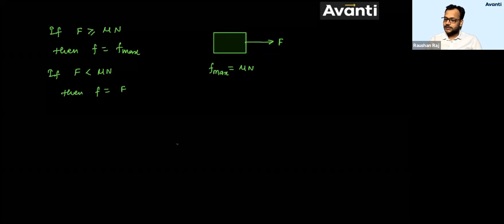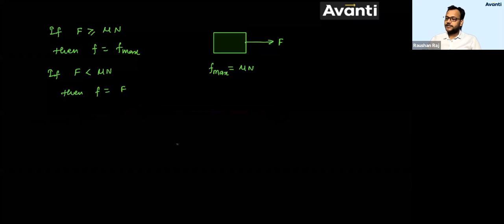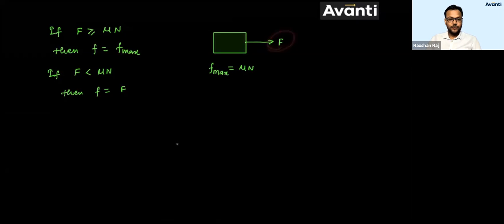So guys, this is what we studied yesterday. Is it correct for everyone? Do you have any doubt in this one? That if there is an external force acting on this, and the coefficient of friction is mu, and the normal reaction is n, then if the external force is greater than mu n, the friction acting in the backward direction will be equal to F max.